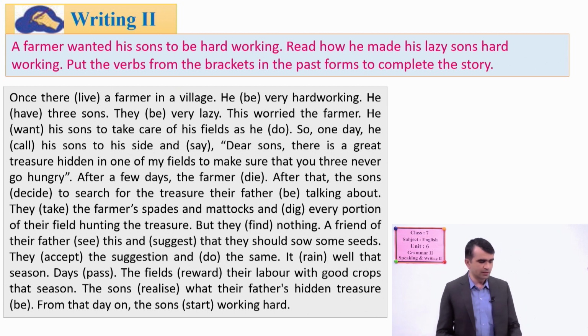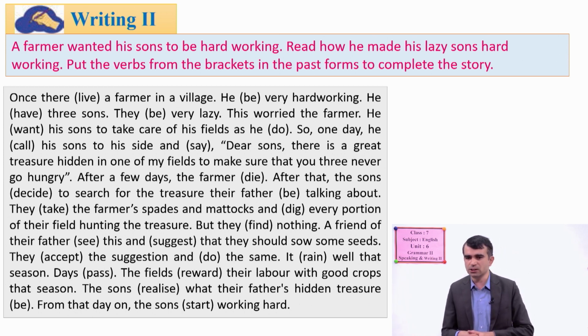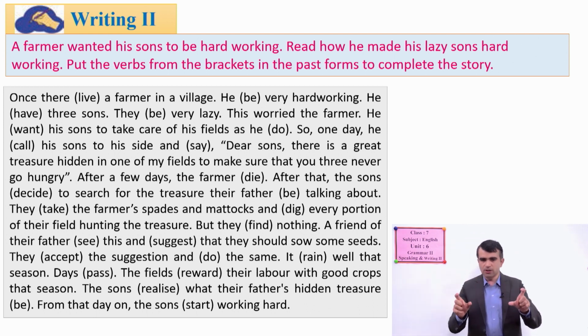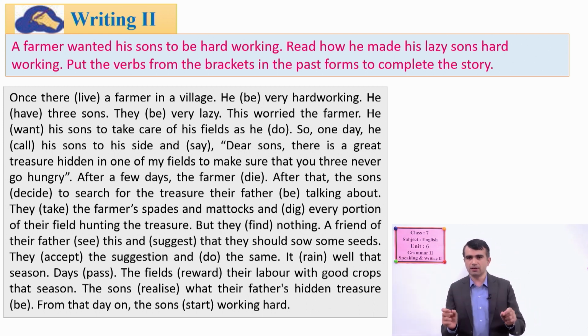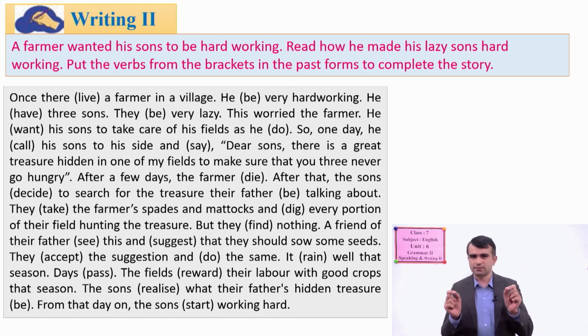A farmer wanted his sons to be hard-working. Read how he made his lazy sons hard-working. Put the verbs from the brackets in the past forms to complete the story. The complete story is almost given, but a few things are lacking.